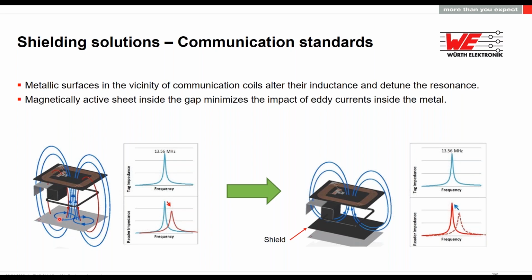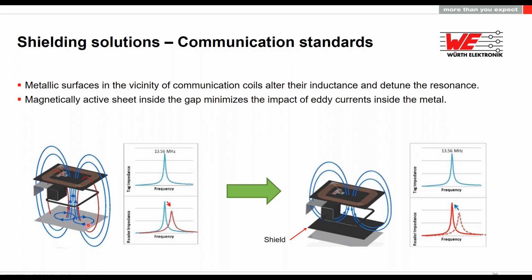This case in most cases is metallic, or the battery of the phone can behave like this. So this metallic layer, or this metal part or battery, is able to absorb part of the field generated by the transceiver, and it creates eddy currents on the surface of this metallic part.